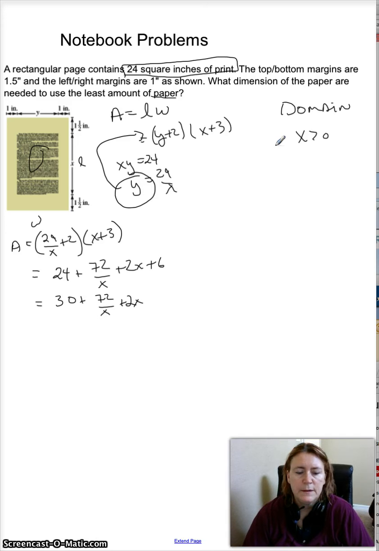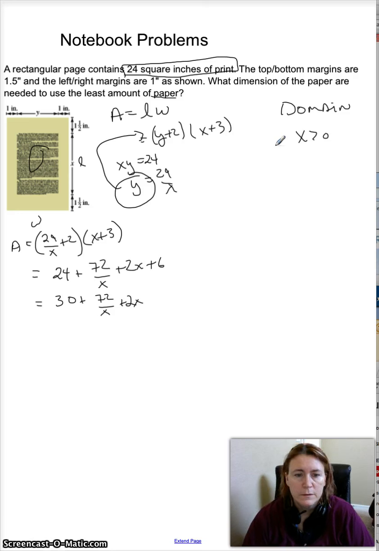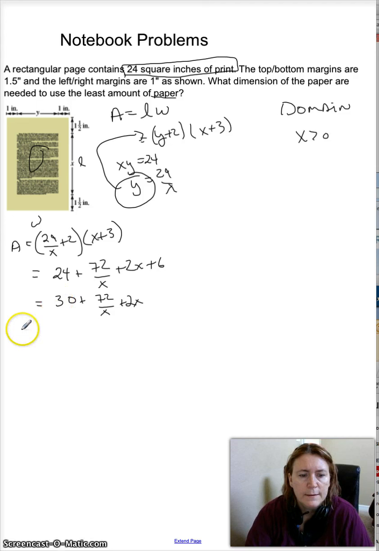Had I done this the other way with y, you would have seen that y couldn't be 0 either, had I simply solved for x and plugged in. So we're not going to be able to use our endpoints for when x is 0 and y is 0. All right, and let's just take the derivative of this with respect to x.